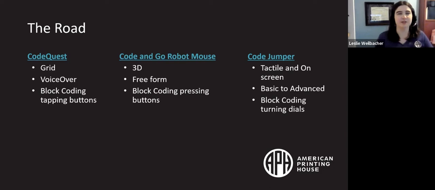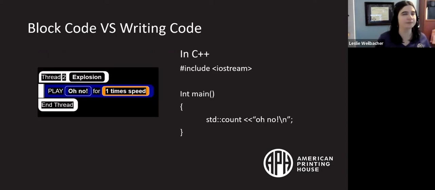Now this has a tactile and on-screen element that bridges the two. You can go very basic to advanced. And the block coding comes out of turning the dials on the pods. So each turn of the dial tells the computer a different line of code.